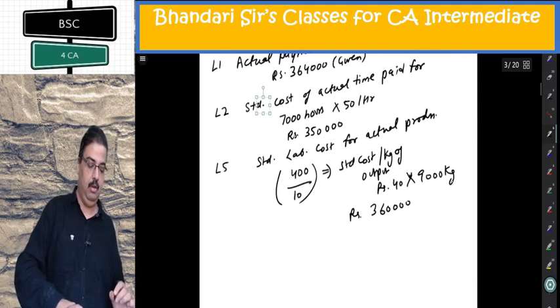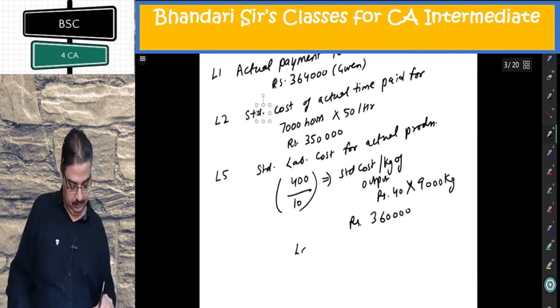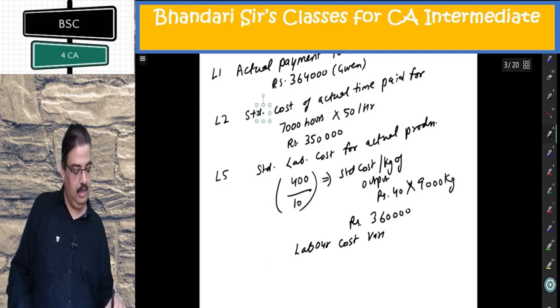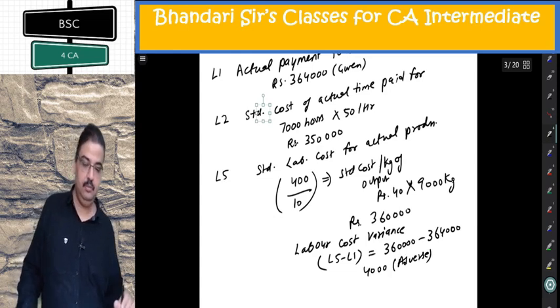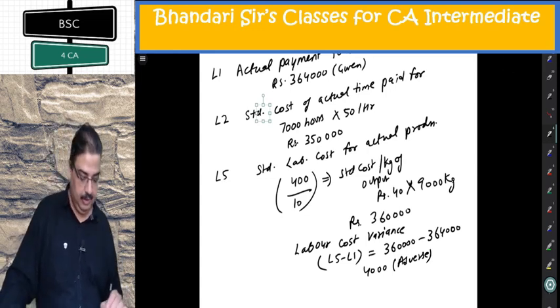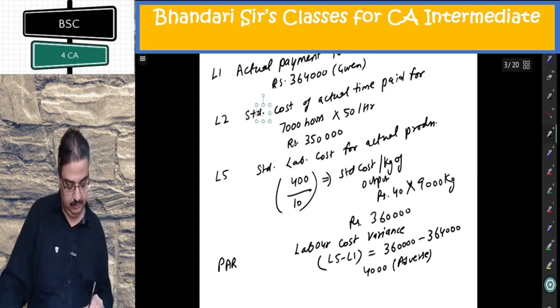Now comes the table which will give me some answers. Labor cost variance L5 minus L1, 3,60,000 minus 3,64,000. 4,000 adverse. Labor cost variance. This is part 6 answer.